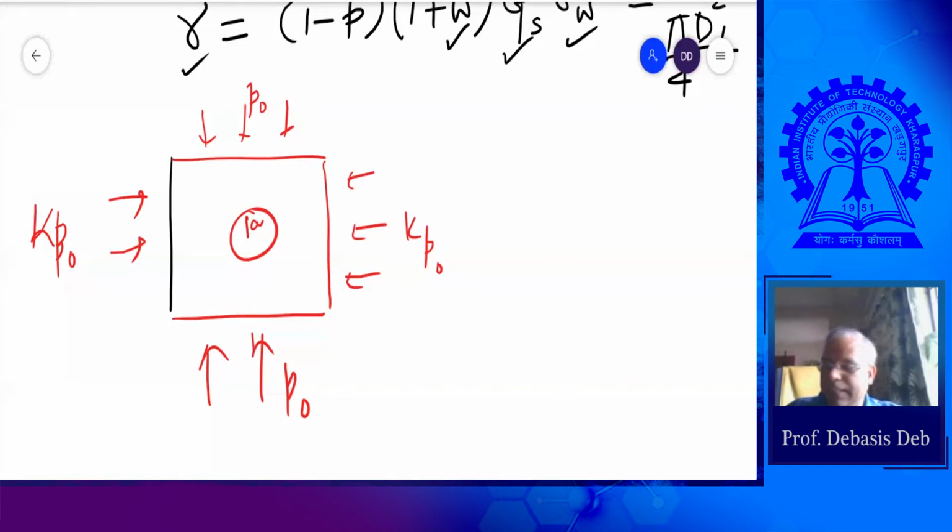Now the solution which he has given, you can write it down also. So sigma rr, that means if I have a small element here, the stress acting like this is our sigma rr.